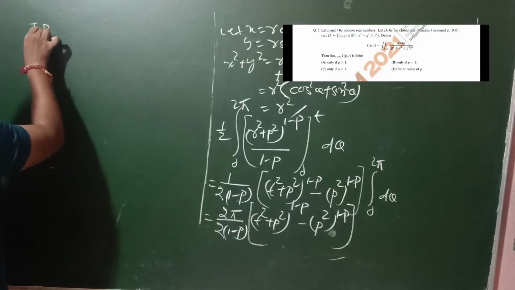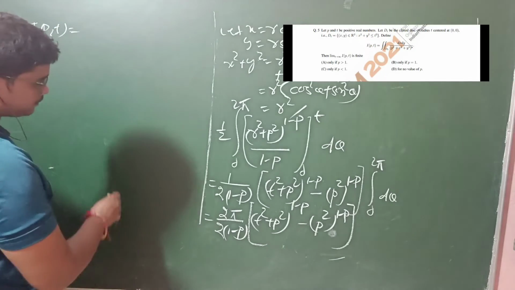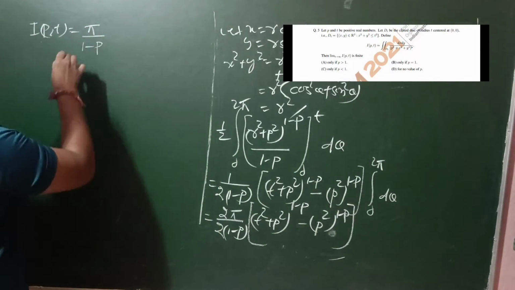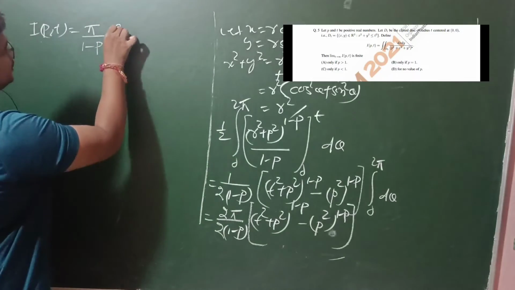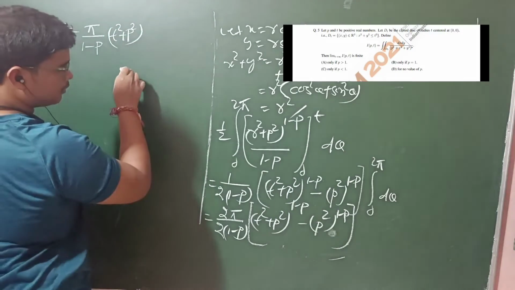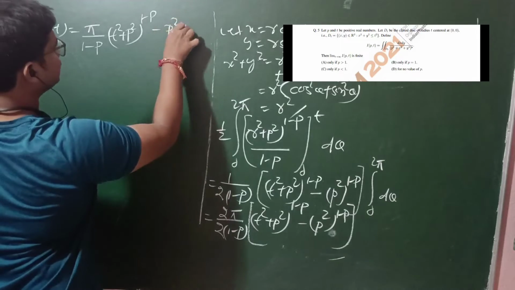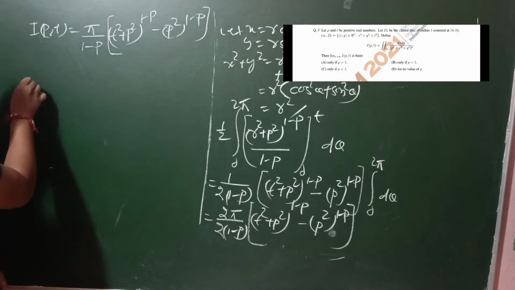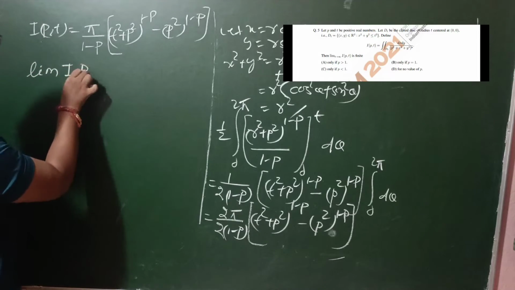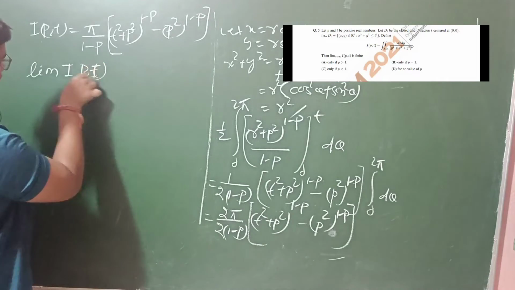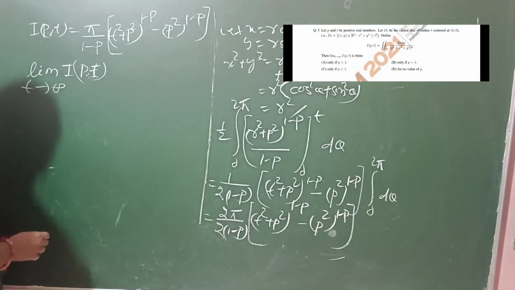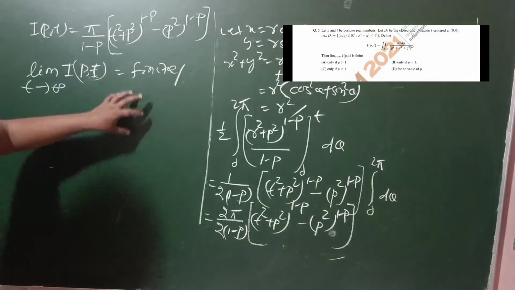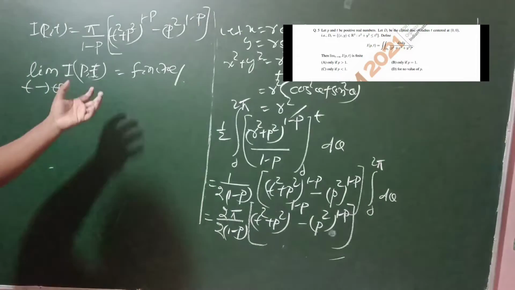Now I p t equal to pi by 1 minus p into t square plus p square whole to the power 1 minus p minus p square whole to the power 1 minus p. Now given that the limit of I p t as t tends to infinity equal to finite, then we have to find the value of p.